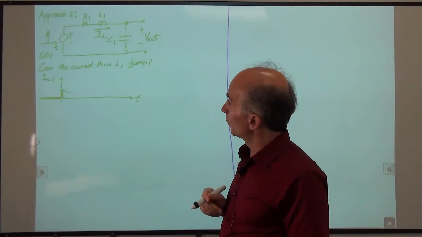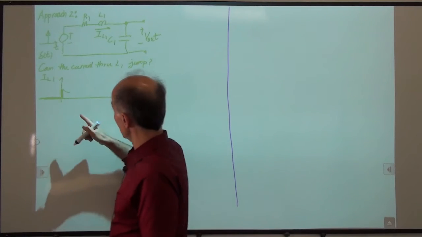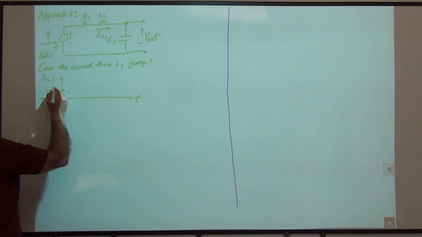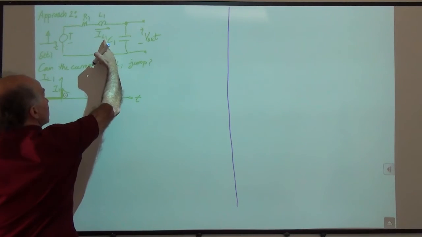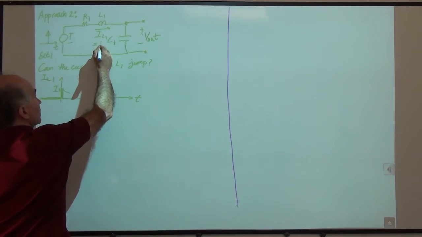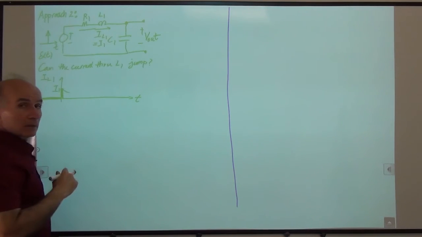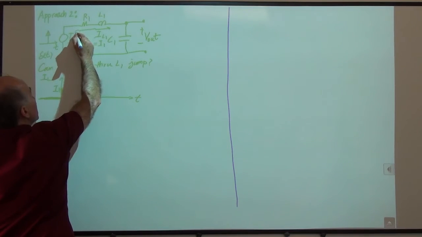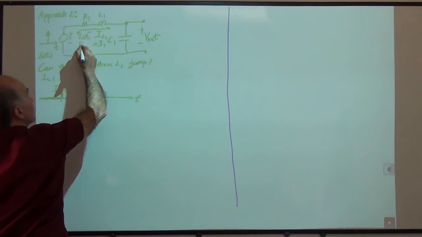It seems that there can be. Because if the current through the inductor jumps to some amount, let's say I1, then this current is now equal to I1 at time 0 plus. That means that this voltage here is I1 times R1 at 0 plus.